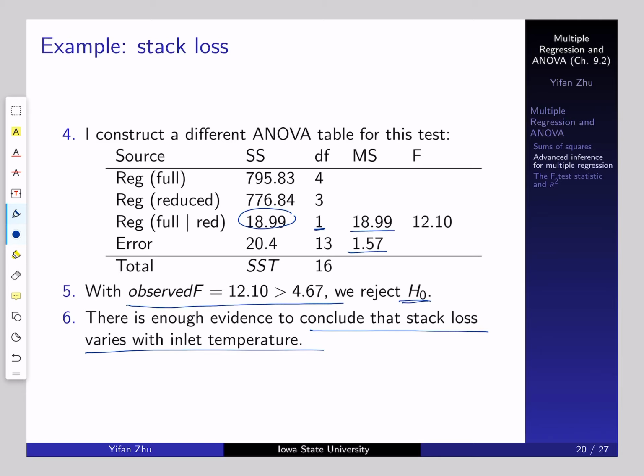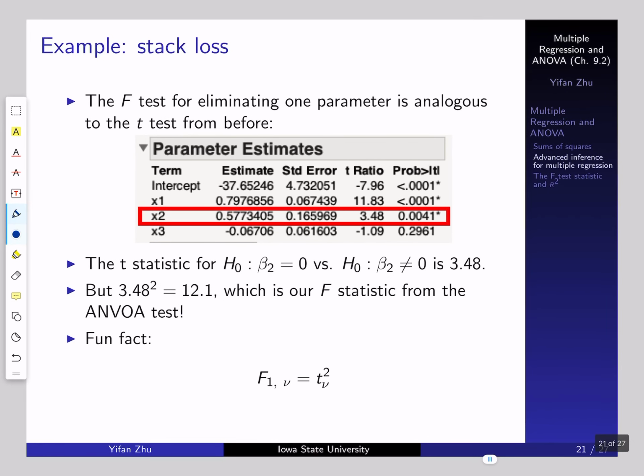Right? Because the slope is non-zero for the inlet temperature. And the F test for eliminating one parameter is analogous to the T test from what we have seen before.